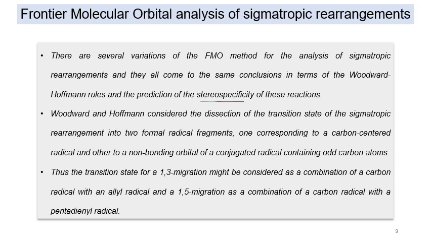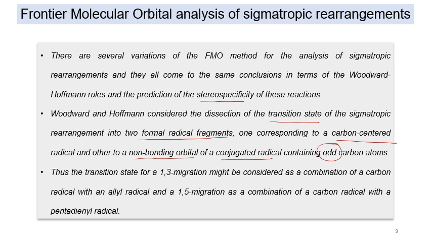Now, how did Woodward and Hoffmann arrive at the rules for sigmatropic rearrangements? What they did is that they considered the dissection of the transition state of the sigmatropic rearrangement into two formal radical fragments, one corresponding to a carbon-centered radical and the other to a non-bonding orbital of a conjugated radical containing odd carbon atoms.